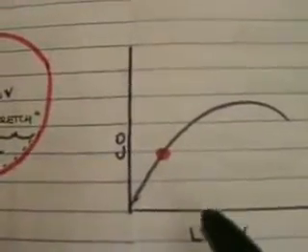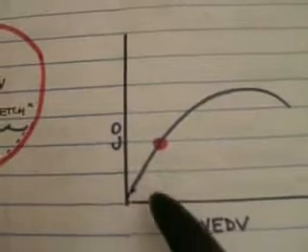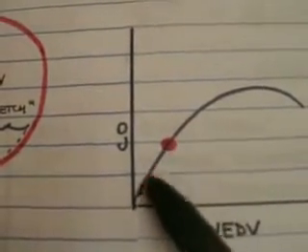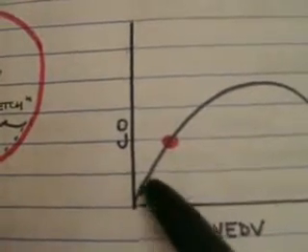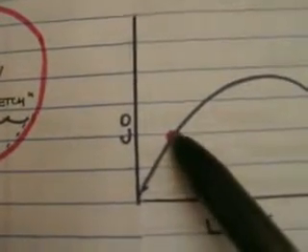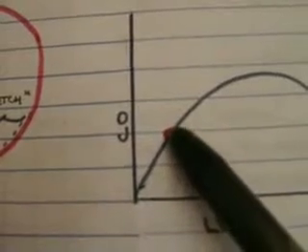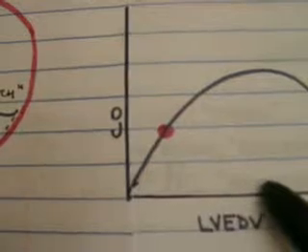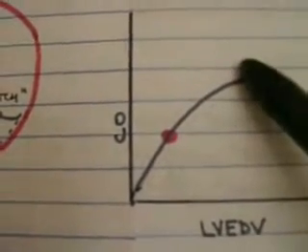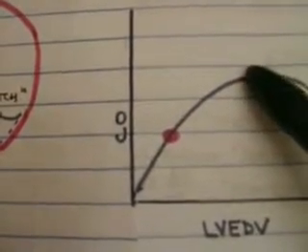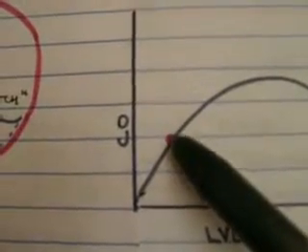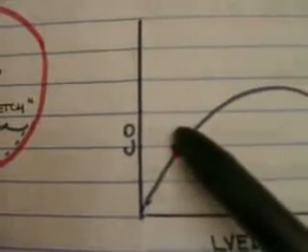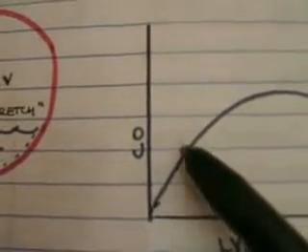That can be shown here in the Frank-Starling curve, in which the volume within the left ventricle during end diastole is very low because the patient is hypovolemic, and so therefore he's going to have a decreased cardiac output, as opposed to if you were to increase the volume within the left ventricle. This patient, because they're under-resuscitated as far as intravascular volume, is going to have a decreased cardiac output.